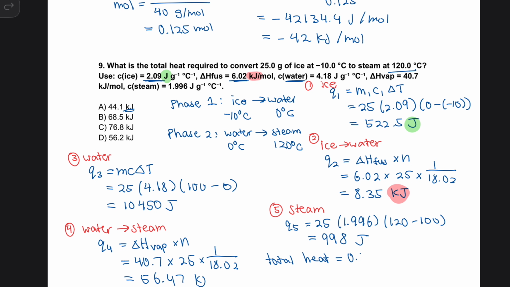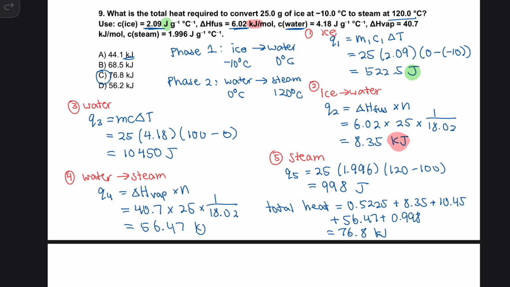So 0.5225 plus 8.35 plus 10.45 plus 56.47 plus 0.998 equals 76.8 kilojoules. So option C.